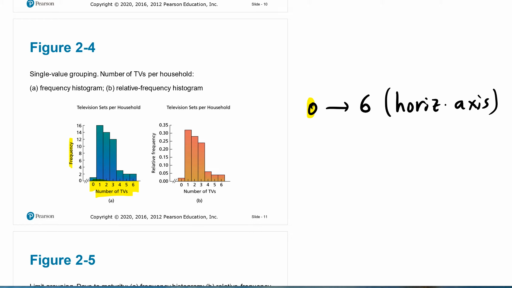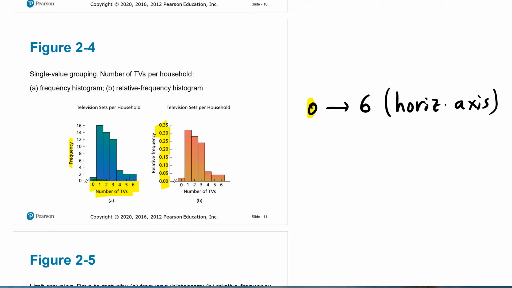Notice something here. The bars must have the same width, and they must touch each other. And then for the relative frequency, we just put the decimal form of it. And this decimal form came also from the table itself. So you can present it either using frequency or relative frequency. Now the color doesn't matter.